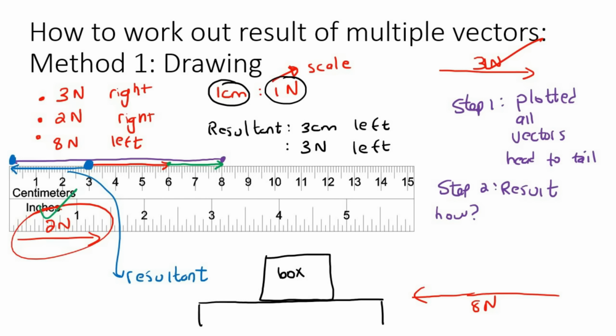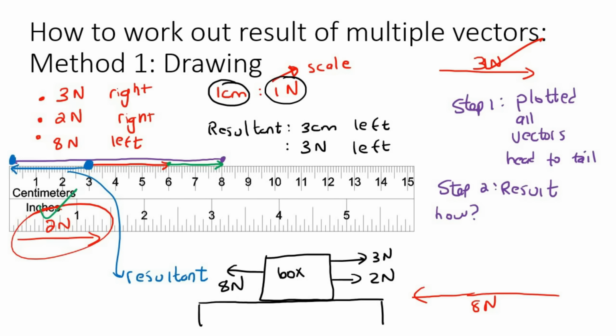If we have a 3 Newton and a 2 Newton going to the right, and an 8 Newton going to the left, then the box will end up going to the left hand side, because these two are going to the right, but this one is going to the left.